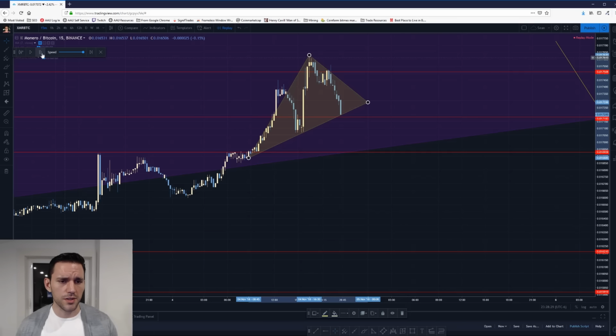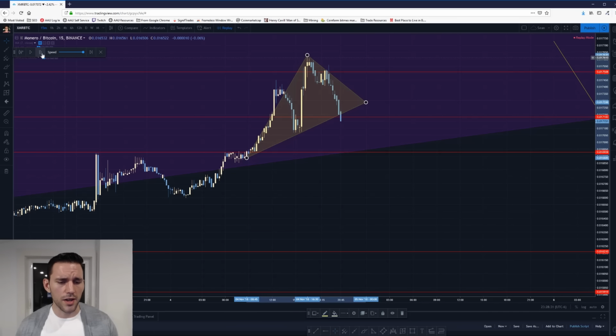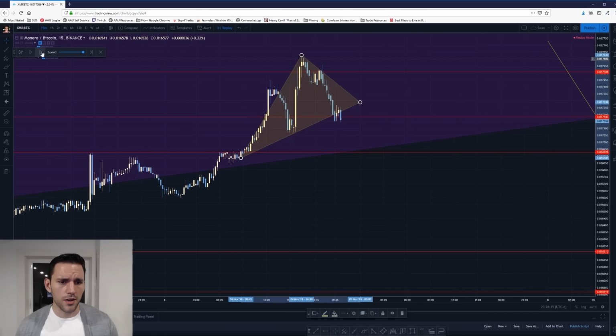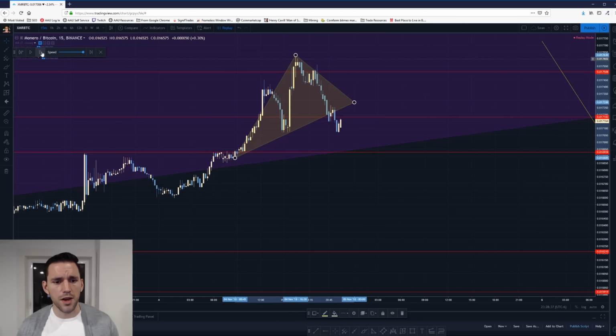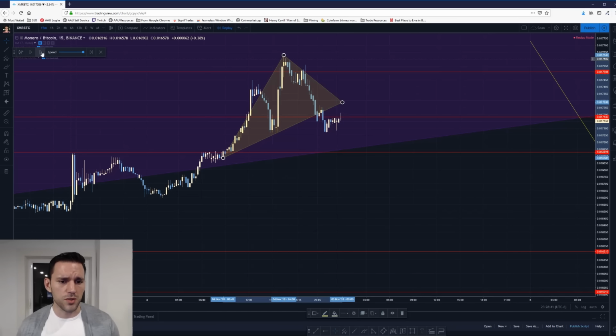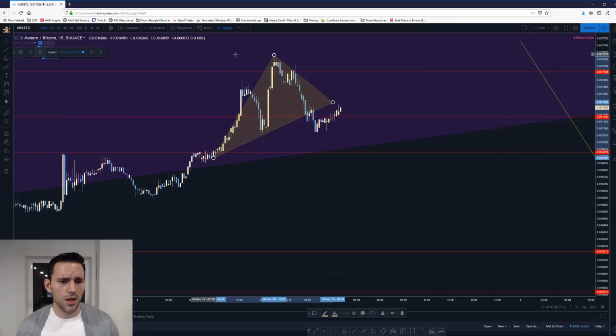Right, you can see it respects it the whole way, and it looks like it's losing this wedge here. It's coming back in, and it breaks down out of the wedge. So now it would have evolved again, and we could keep going with this wedge. What we're going to do is just swing this out to here, right? So now this would have been like this: swing, swing, swing, high, swing, swing, swing, low.